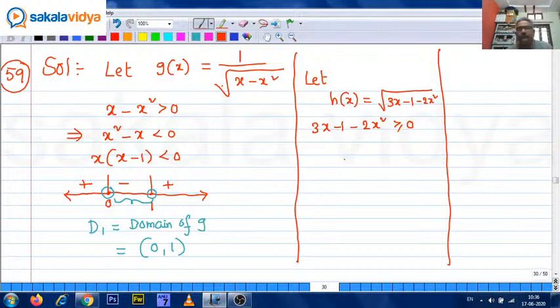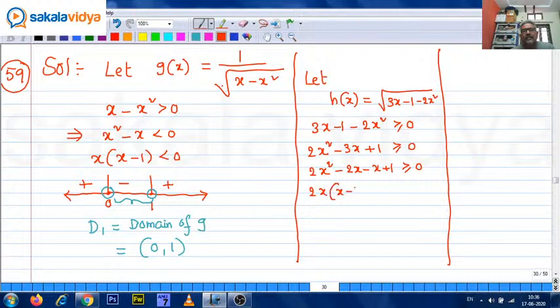Now, multiply with minus sign, you get 2x square minus 3x plus 1 greater than or equal to 0. The middle term can be split like this: 2x square minus 2x minus x plus 1 greater than or equal to 0. 2x common, we have x minus 1, and minus 1 common, we have x minus 1. So we get x minus 1 multiplied by 2x minus 1 greater than or equal to 0.